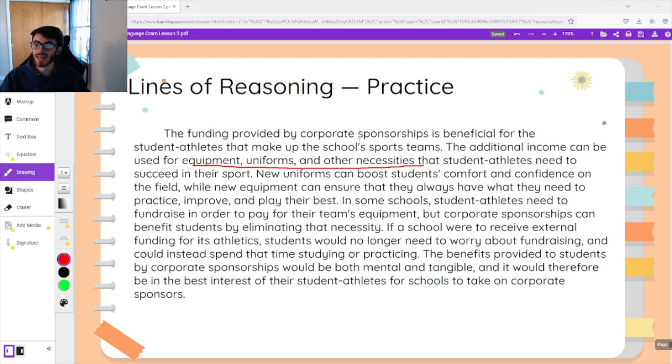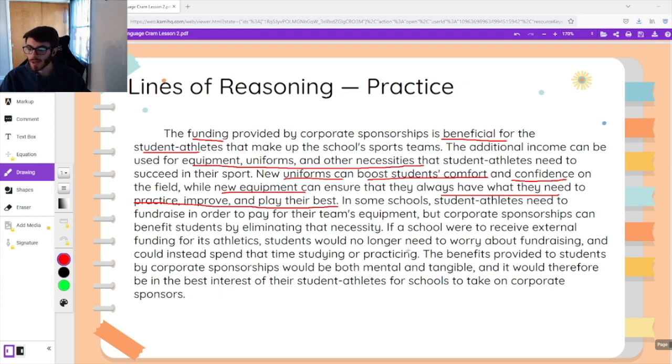The claim is that the funding is beneficial for the student athletes. My evidence is that it can be used for equipment, uniforms, and other necessities. My commentary is that uniforms can boost comfort and confidence, and new equipment can ensure they always have what they need to practice, improve, and play their best. I've now explained why having this equipment, uniforms, and necessities is beneficial for the student athletes.